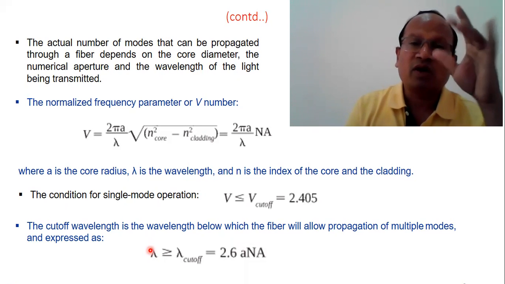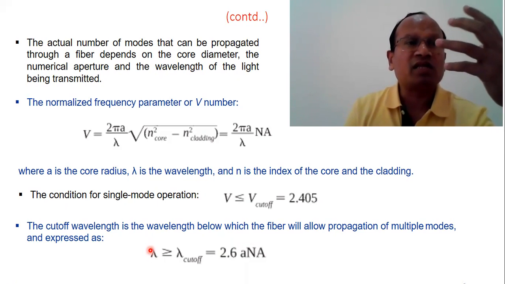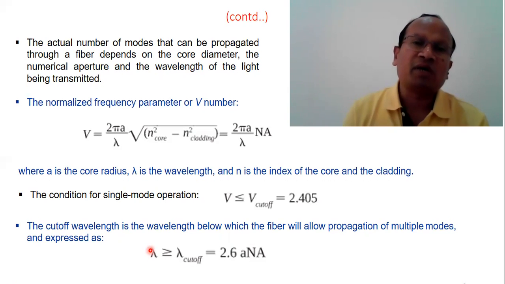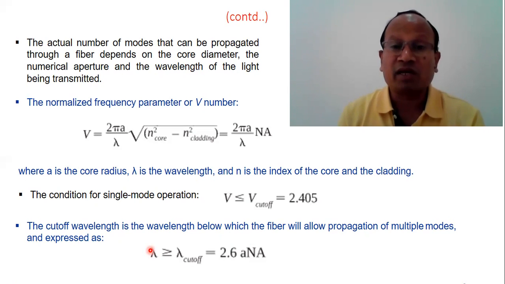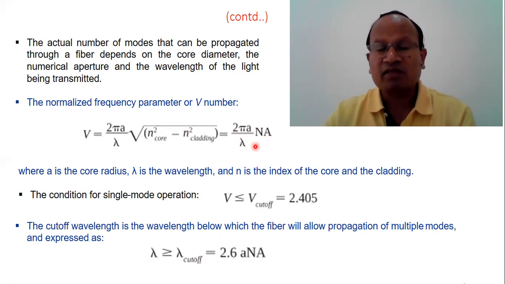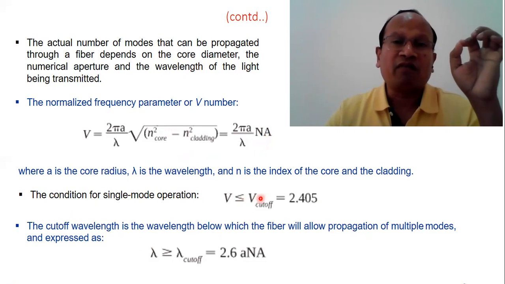What we are discussing is whether there will be multiple modes or single mode. They mainly depend on the V number, that is core diameter and wavelength. In the first discussion we saw the V number, which further depends on numerical aperture and wavelength. Based on the V number, there is a cutoff value.